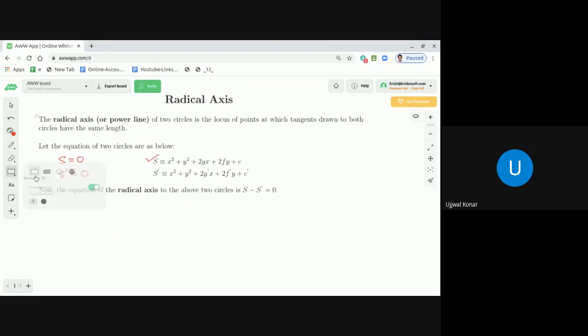Let me draw two circles first. Suppose this is one circle, and this is another circle. The equations of these two circles are given.